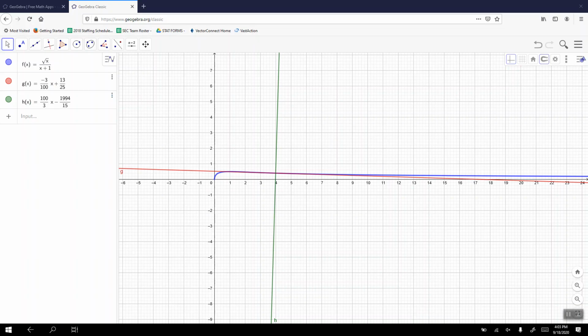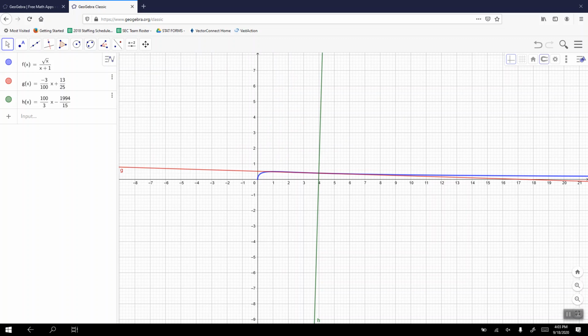All right, so here on GeoGebra, you'll see we have the graph that we're initially looking at, the square root of x divided by x plus 1. And I have the equation of the normal line in green, and that's a vertical line that goes from north to south. And then we also have this other line here, which is more of an orange line that goes from left to right.